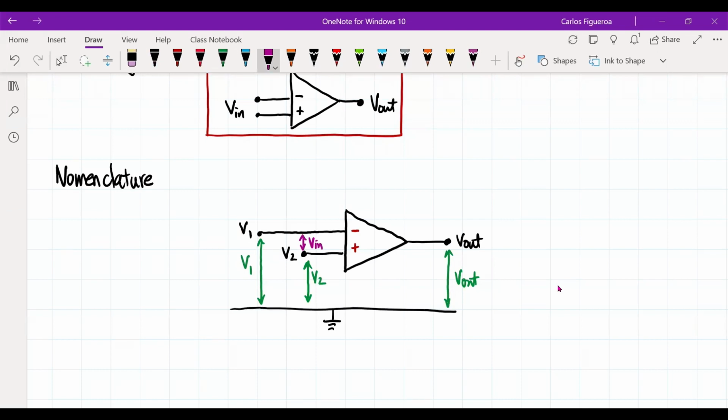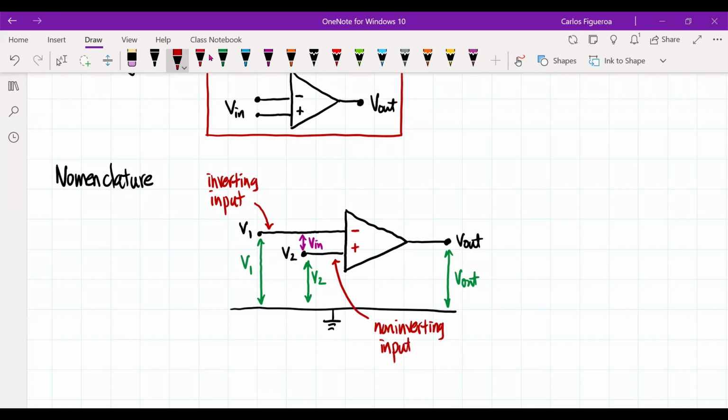So then the language goes and it does this. This guy right here is called the inverting input. This guy right here is called the non-inverting input.